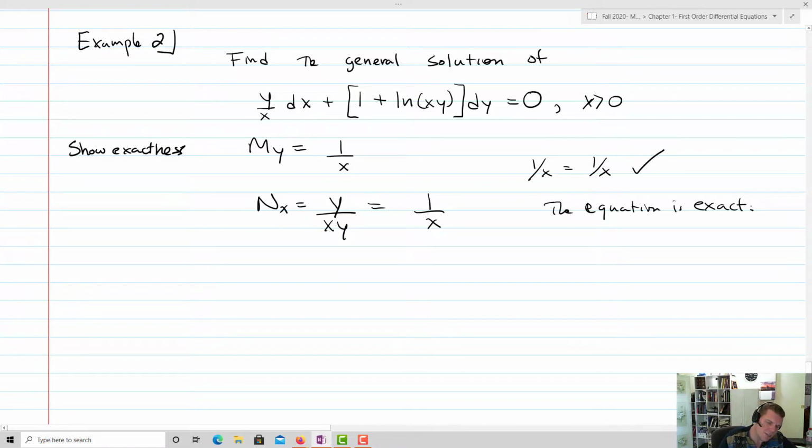So now I'm going to utilize my method. If I look here, probably y over x is the easier of the two to actually take the integral of.